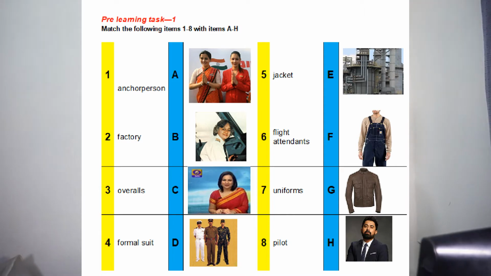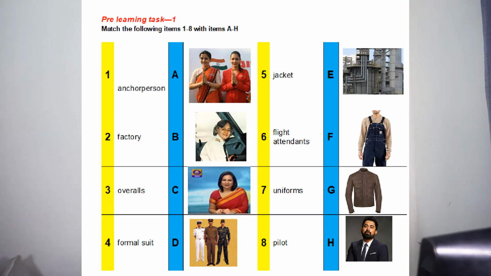So you have the columns marked 1, 2, 3, 4, 5, 6, 7, 8. They are the words, and the columns which are marked A, B, C, D, E, F, G, H are the pictures.